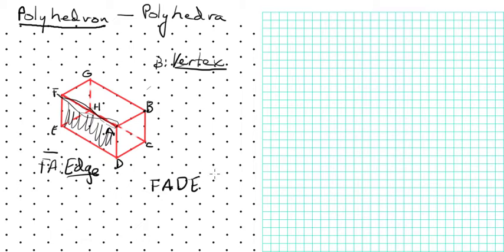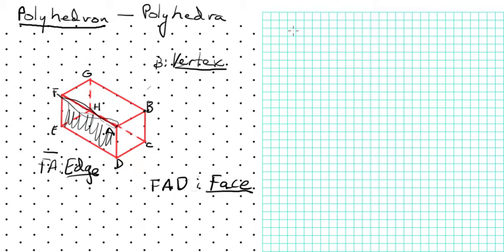But remember, I don't need 4 letters to identify a plane. It only takes 3 letters to identify a plane. So this is a face. A face is just one side, or one polygon, of a polyhedron. And those are the main parts.